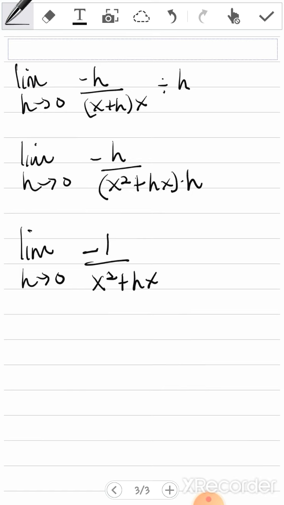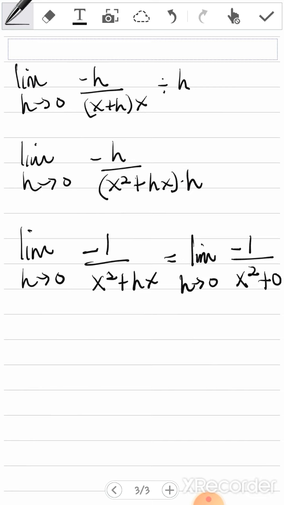Anytime you get to this part, the only thing you can do is wherever you see h, you put in 0, because it said h approaches 0. So you're going to get the limit as h approaches 0 of negative 1 over x squared plus 0, because 0 times any number is still 0.